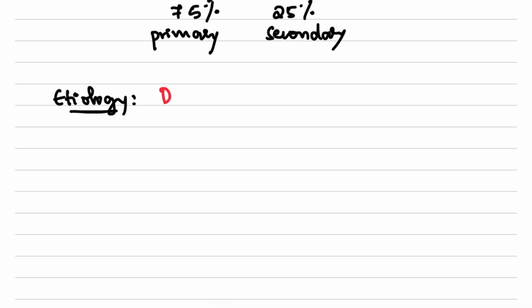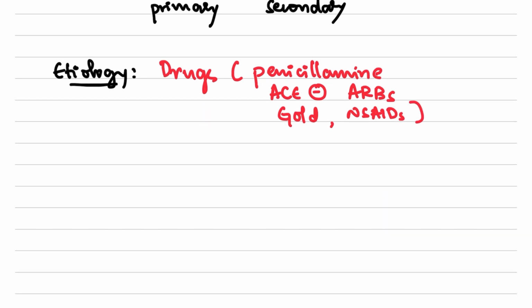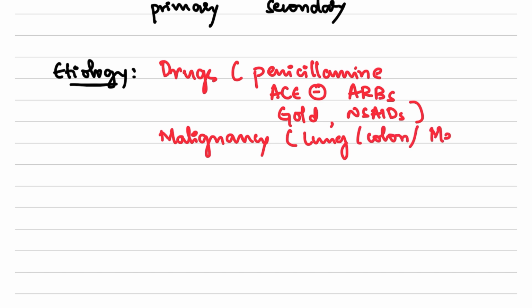Let's look at the etiology of membranous nephropathy. It can be caused because of drugs. What kind of drugs? Such as penicillamine, ACE inhibitors, ARBs, gold poisoning, as well as NSAIDs. So these all can lead to membranous nephropathy. The second cause could be occurring on the background of malignancy of the lung, the colon, as well as malignant melanoma.